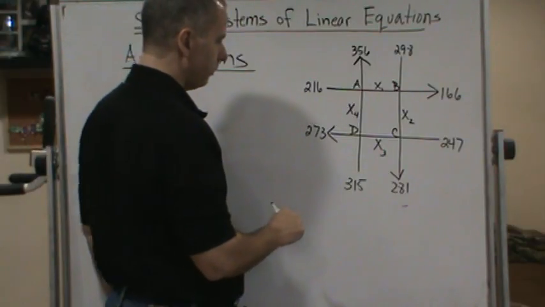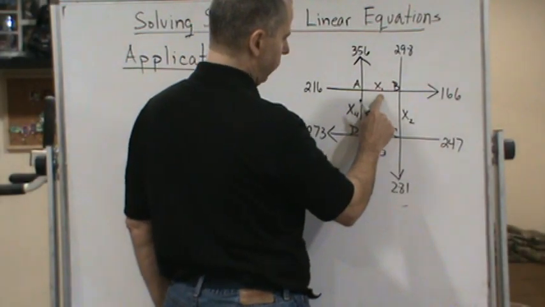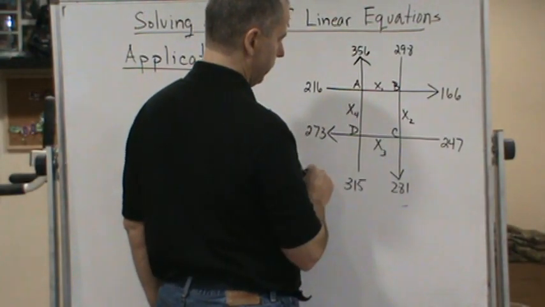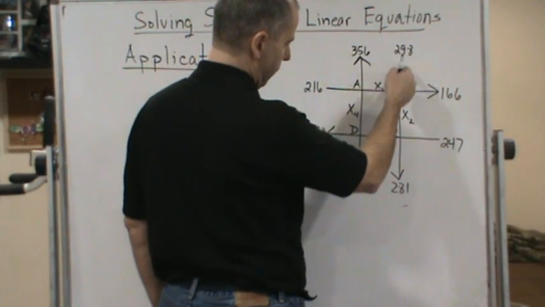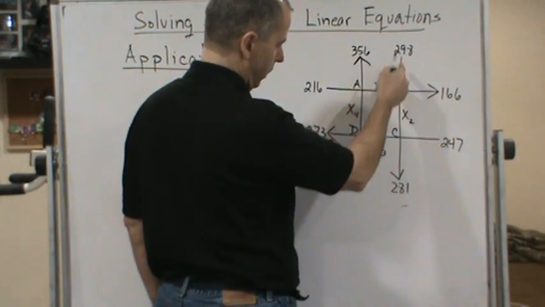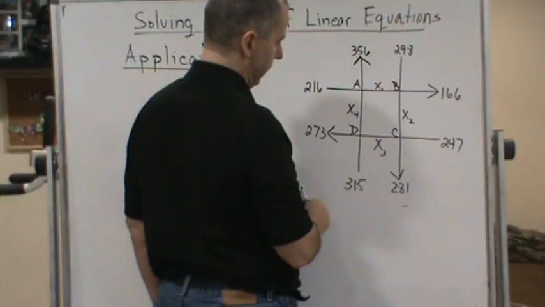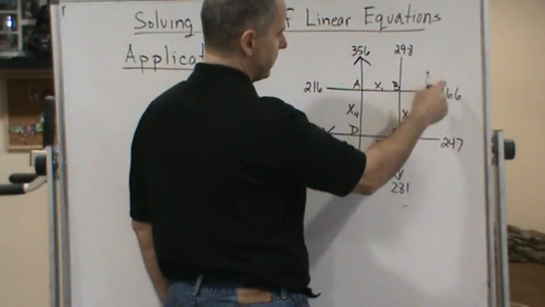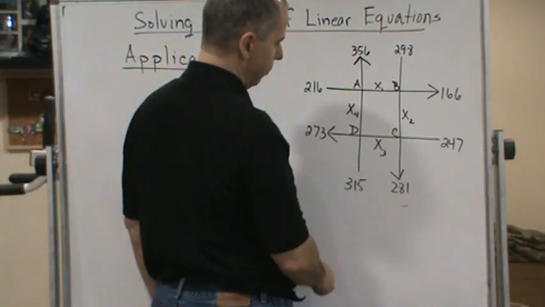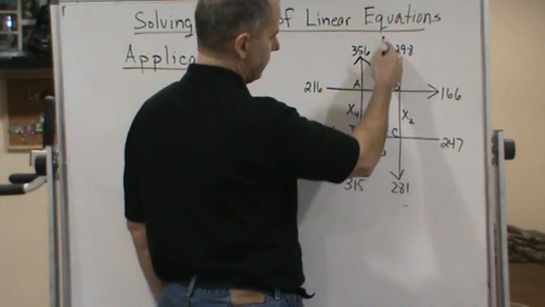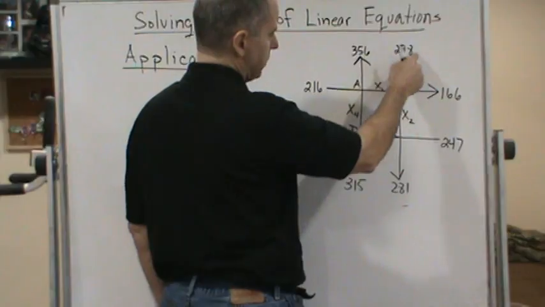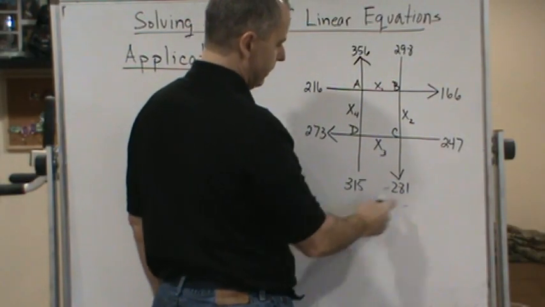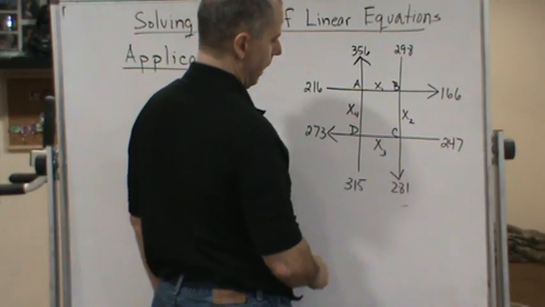Now, x1 represents the flow rate going down this street. Okay? And x2 represents the flow rate going down this street. Okay, and so on and so forth. And then these are the rates of going in and coming out. Right? So this is, for example, the rate of cars coming into this route, and this is the flow rate coming out of this route.